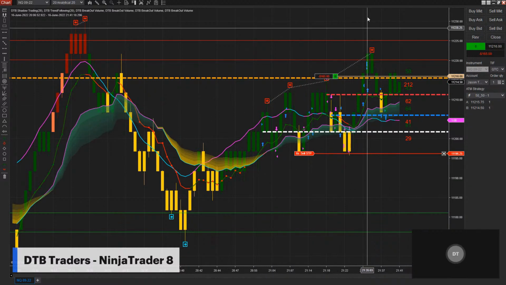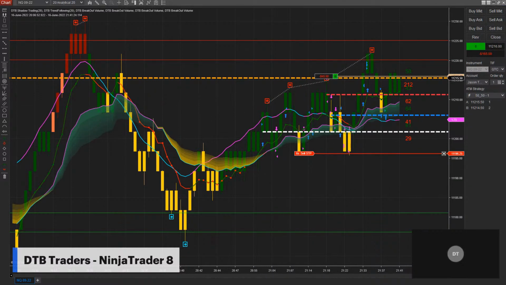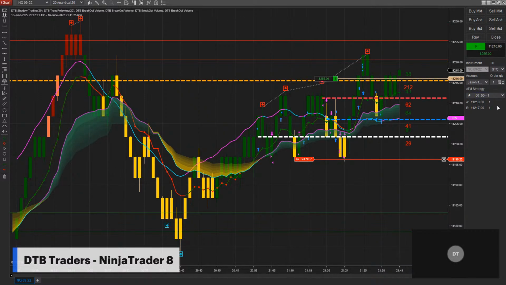I've had a lot more today, though, unfortunately, or in this specific session, than I normally would like. I've had 7 losing positions in this zone, 7 positions that have gone against me from when we started.